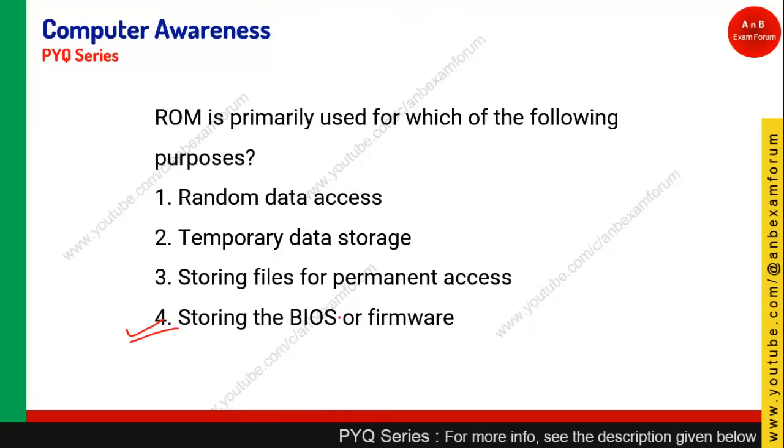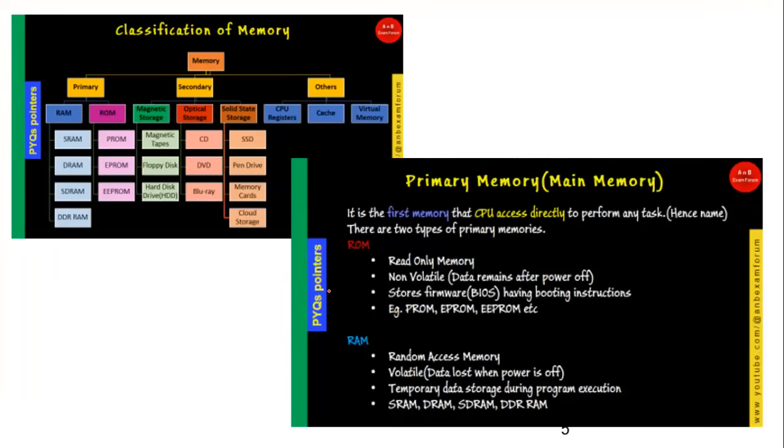Okay, so the main purpose of ROM is to store the BIOS. What does this BIOS have? It has boot up instructions, or the starting instructions. Okay, when you turn on your PC, the first thing it is going to do is load the BIOS from the ROM. Okay, so all such pointers we have seen in our memory class.